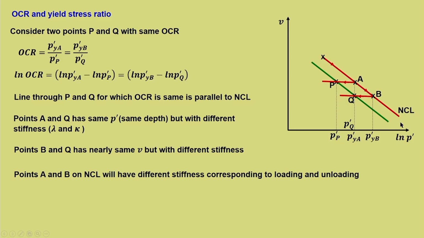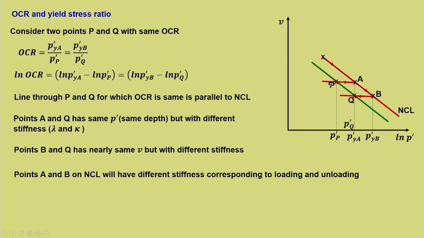Now, points A and B on NCL will have different stiffness corresponding to loading or unloading. Let us say that A and B are on NCL, there is no doubt on that. If you consider a normal consolidation, then A and B refer to a stiffness of lambda, but it is already on a loading unloading line.